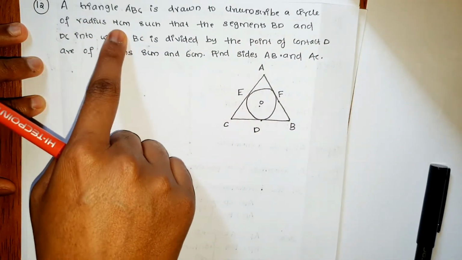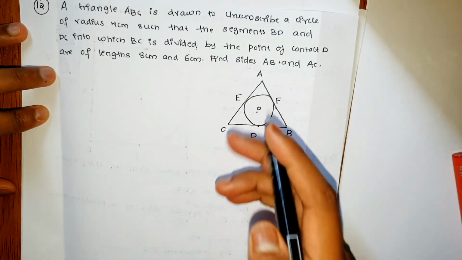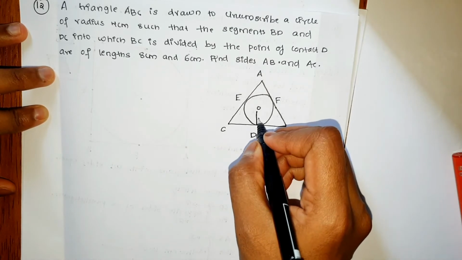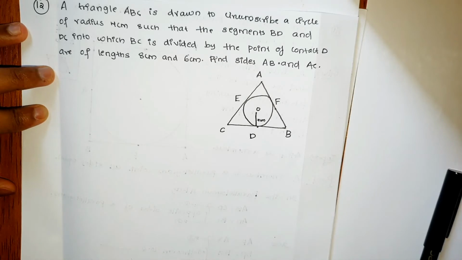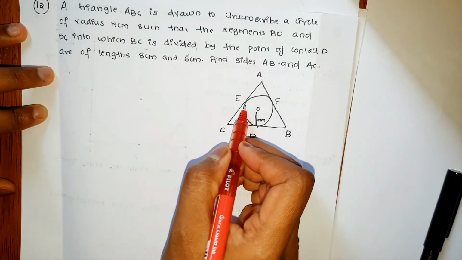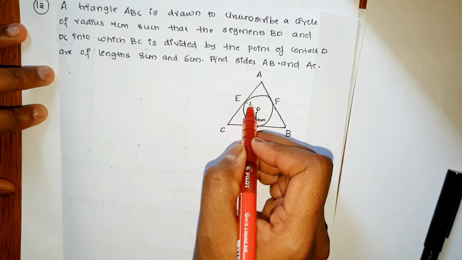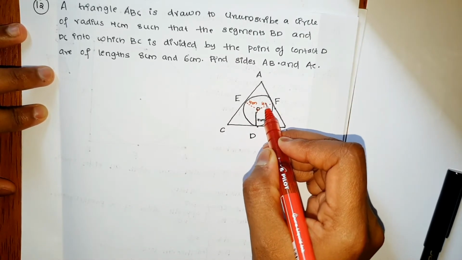Given radius is 4 cm. So, this is our circle, this is our radius, so we can write this as 4 cm. Similarly, this is also a radius, equal to 4 cm, and this is also equal to 4 cm.